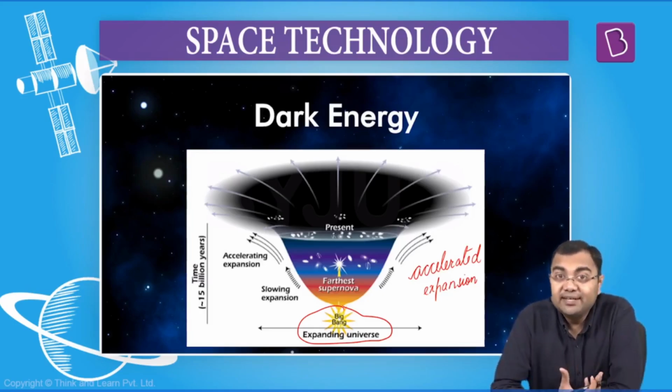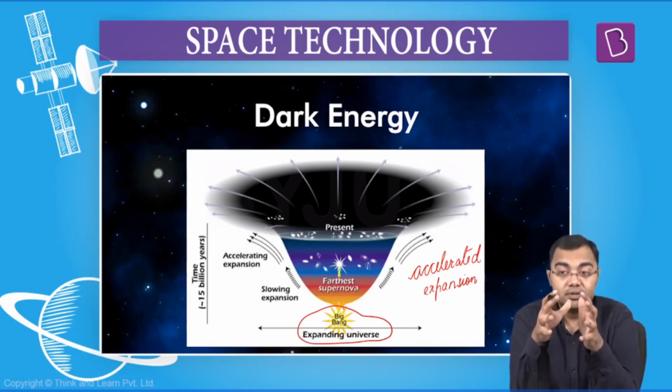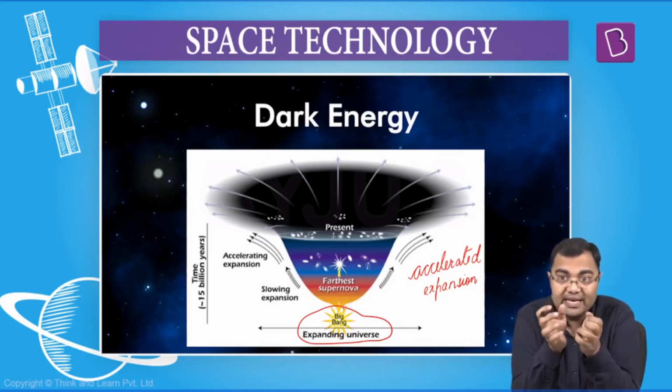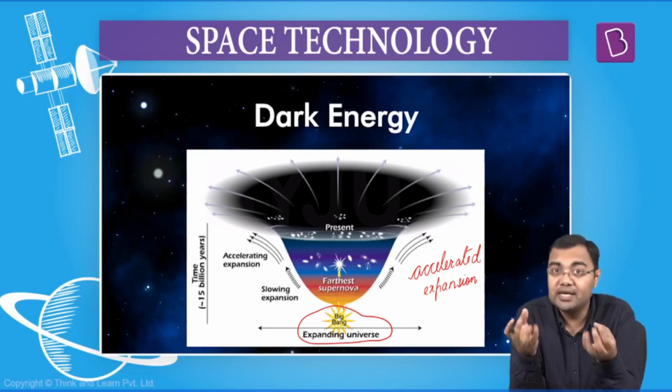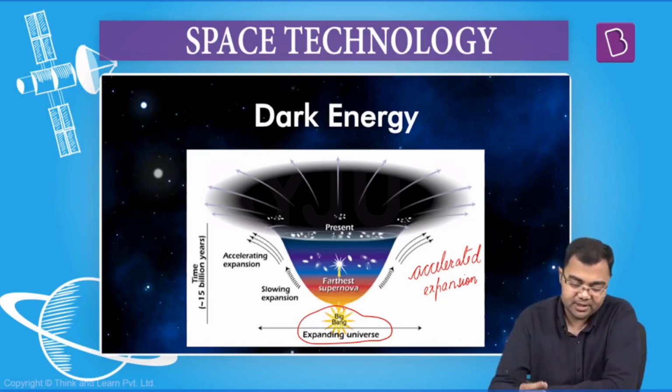The expansion of the universe that we observe is an accelerated expansion. What is the meaning of accelerated expansion? It means that the expansion of the universe is accelerating. It is not uniform, it is not linear. And while the expansion is happening, it is accelerating as it expands.